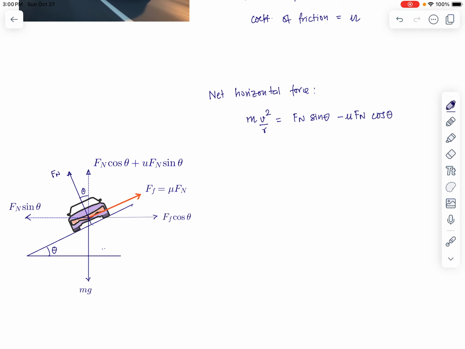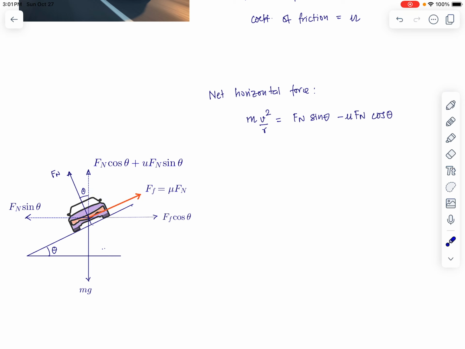Now the other condition is that for the car to remain on the track, the vertical forces should balance out. The frictional force in this direction has a vertical component, and this is frictional force times sine of theta.